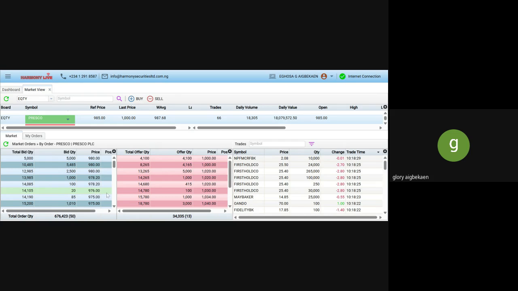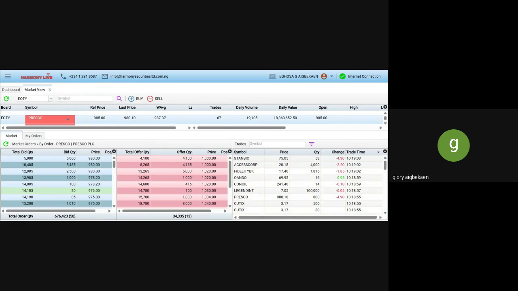When Presco was 785, I think it stayed at that price for some time. When their report came out, was it their first quarter report or their audited report for last year that came out? There's a platform, a forum I belong to.